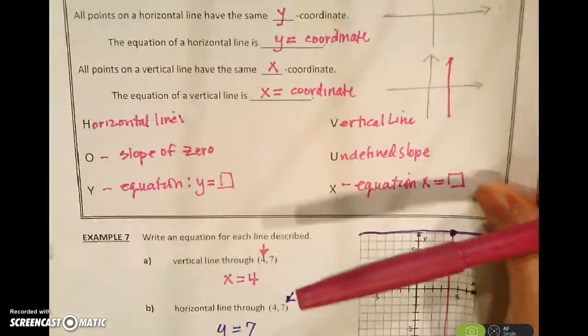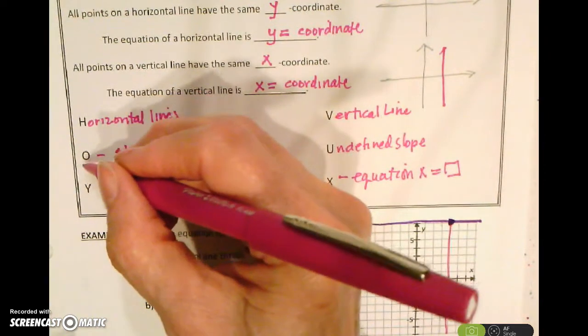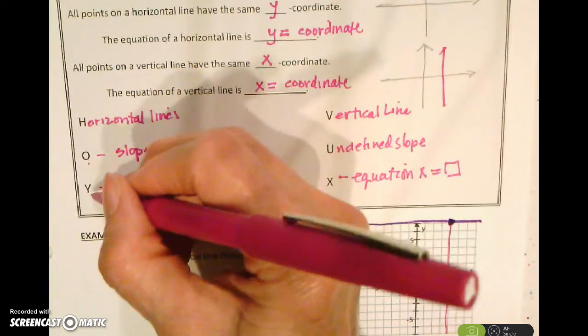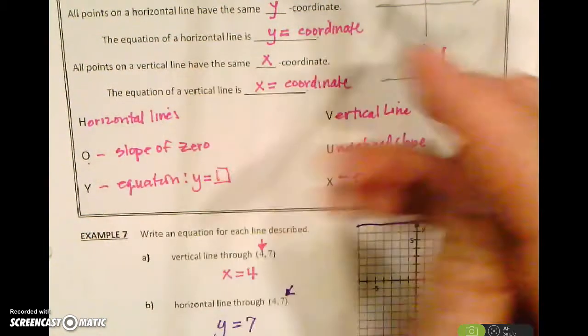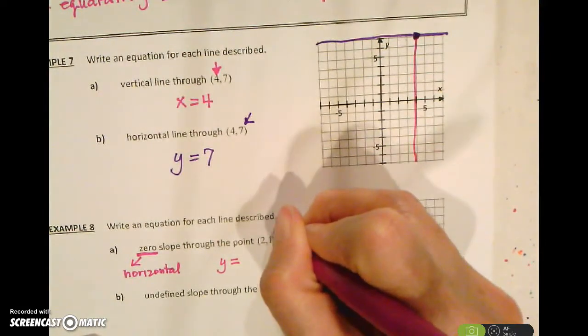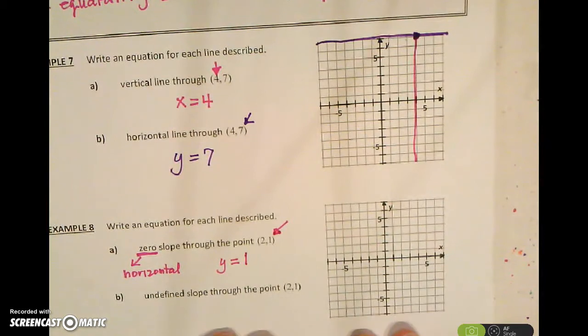Now that's where your HOY VOX might help, because I got a 0. If I see the 0 slope, then I think HOY. Oh, HOY is a horizontal line, and it's got y. y is equal to. And so I'm going to look for what my y value is right there, which is 1. So it's going to be y is 1.